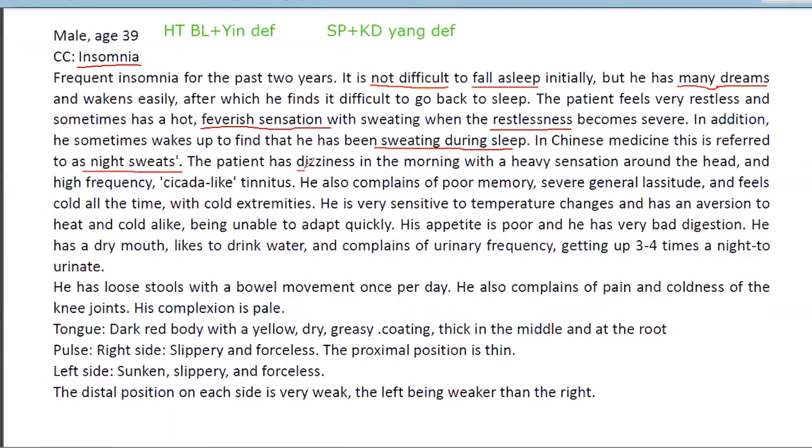So dizziness in the morning, that's nothing nourishing, that's a blood deficiency sign. And that's certainly kidney deficiency in that case. Poor memory is a blood deficiency sign.